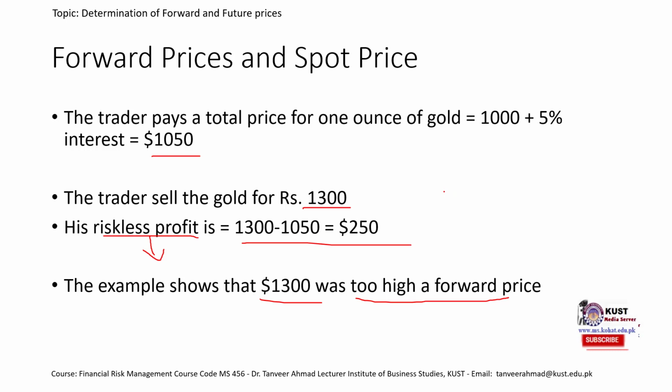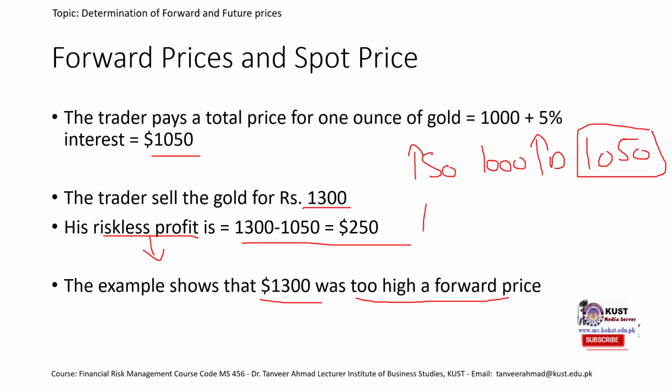So what should be the forward price for no arbitrage opportunity to exist? And remember, we need a forward price where the arbitrage opportunity would not exist, and this is quite logical. Now you see, when there is an arbitrage opportunity, everyone would start buying in the spot market, and currently the spot price is 1,000. But because the demand in the spot market would increase for the gold, its price would increase, and let's say its price becomes 1,050.